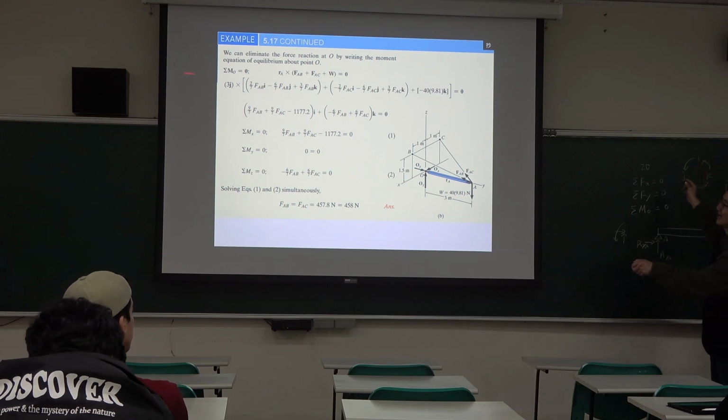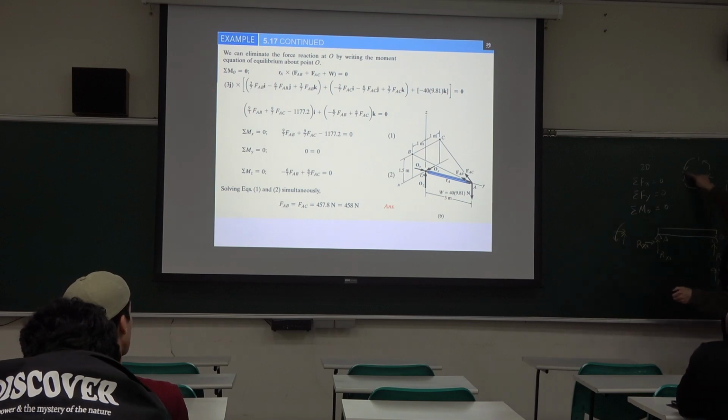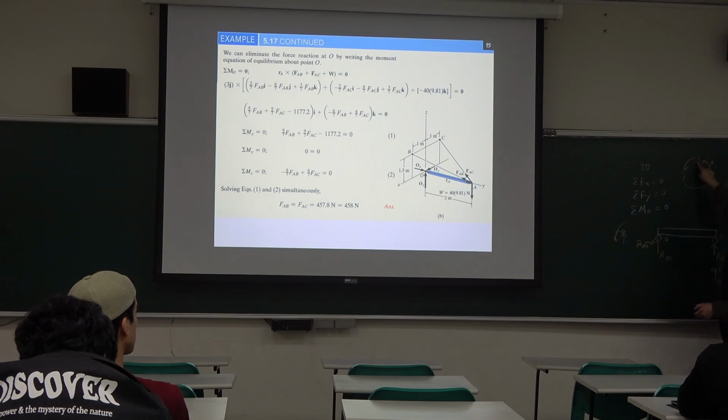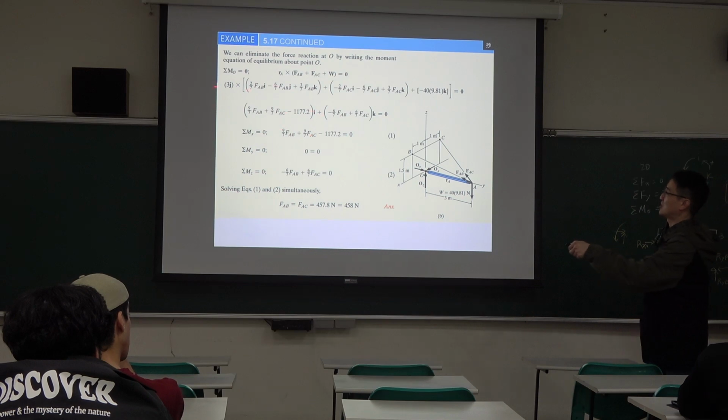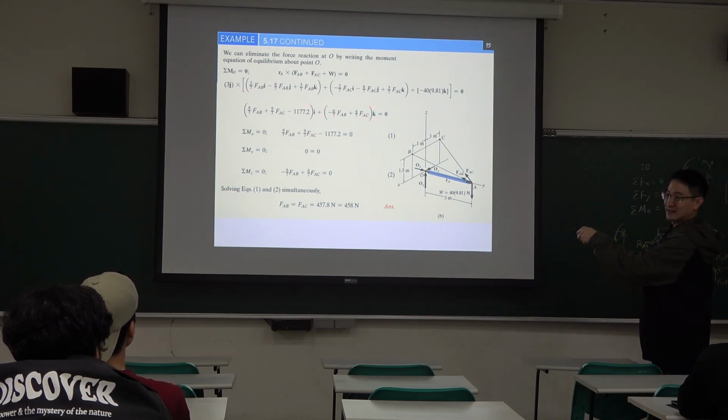So for the first part, J cross I is in the opposite direction, so negative. J cross I gives us negative K. K is here.